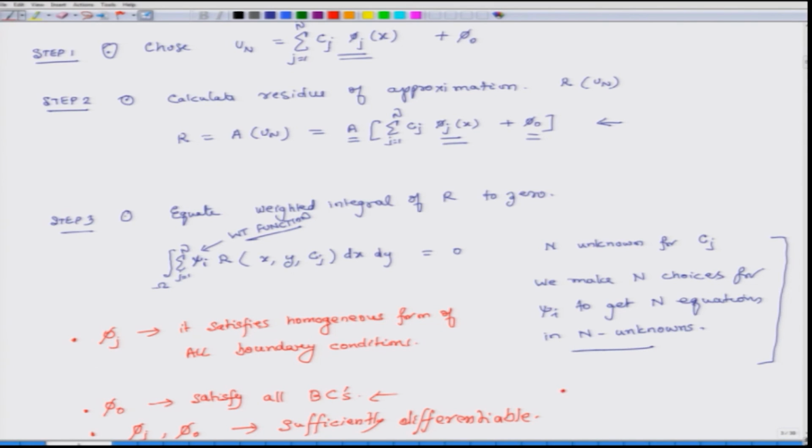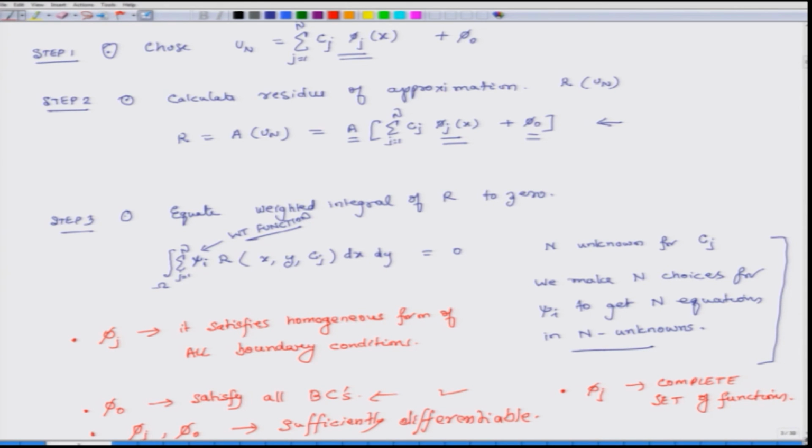And the last point I wanted to make is that phi j should be a complete set of functions. So, if I use polynomial functions, then I have to start with x, x square, x cube, and so on and so forth. As long as these functions satisfy the boundary conditions, that set should be complete in itself.